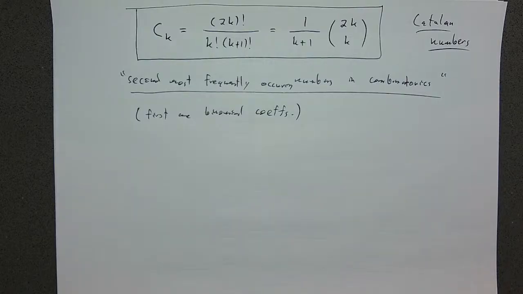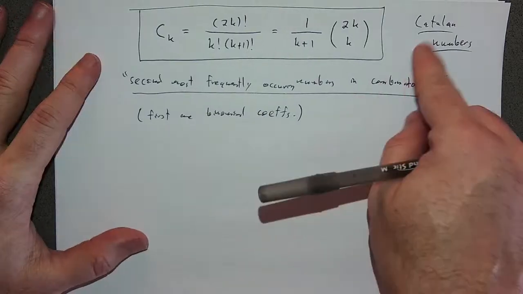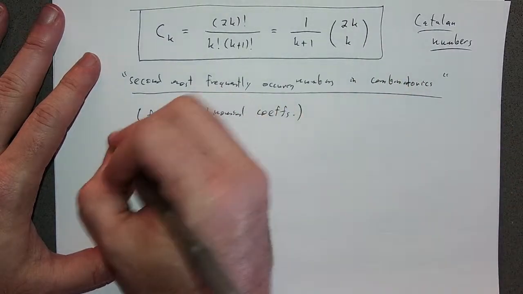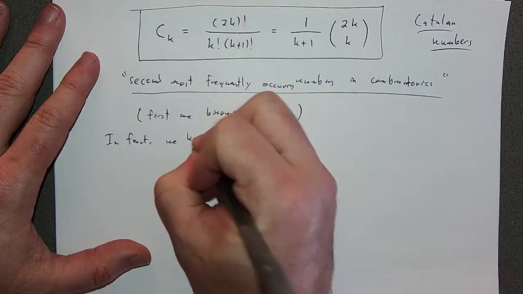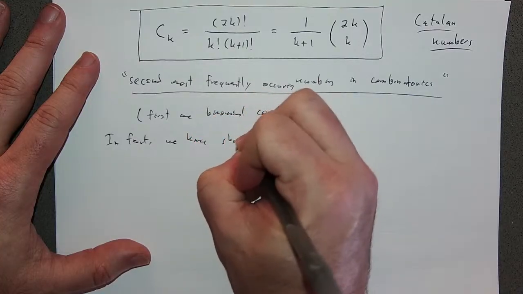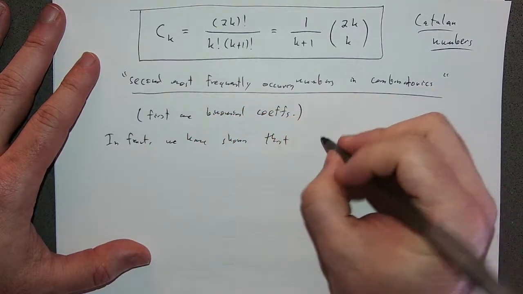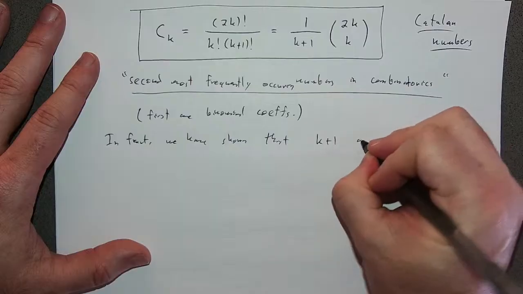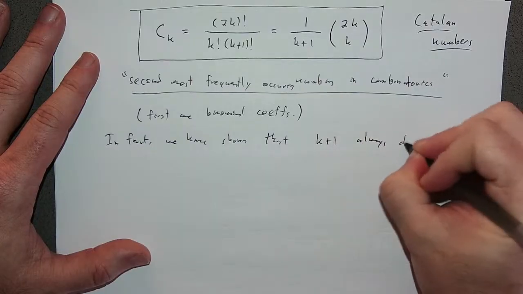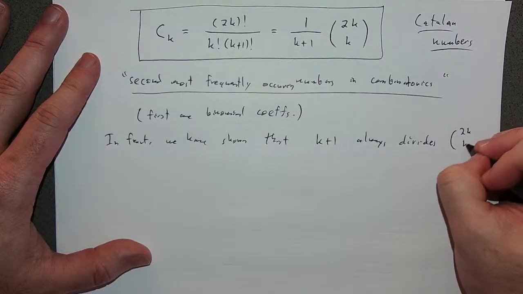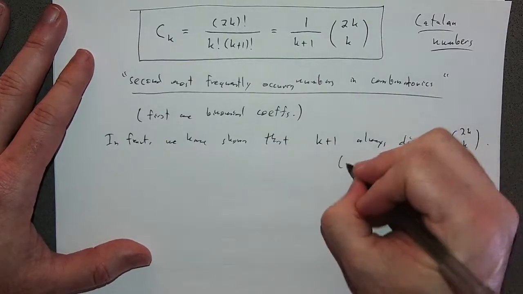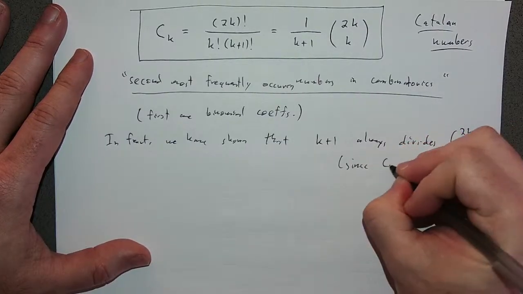So, in fact, c sub k is always an integer. So in fact, we have shown that k plus 1 always divides 2k choose k, since c sub k is always an integer.